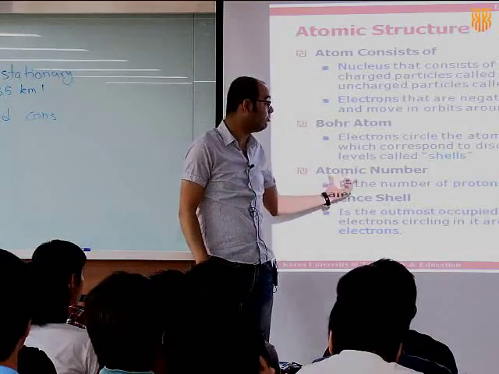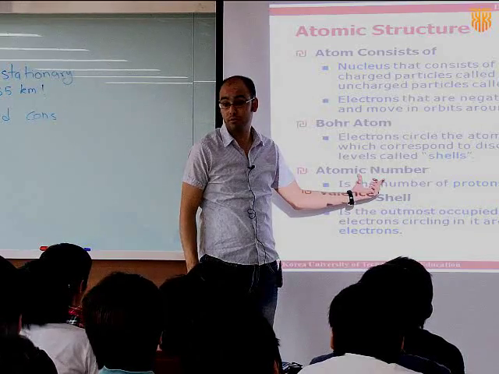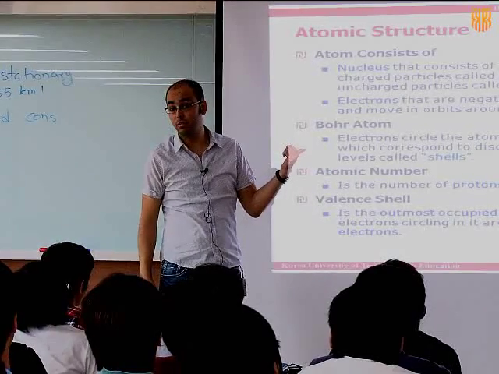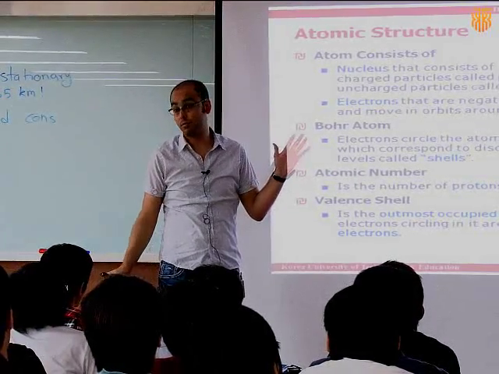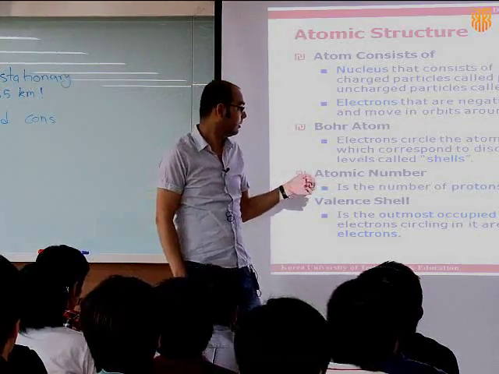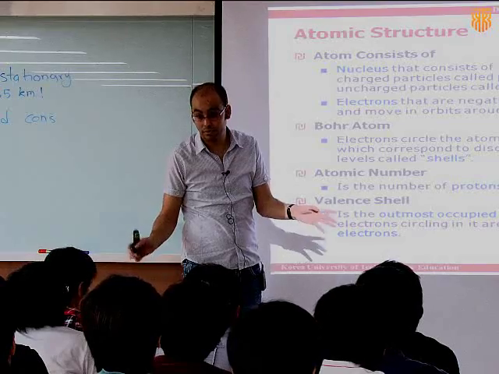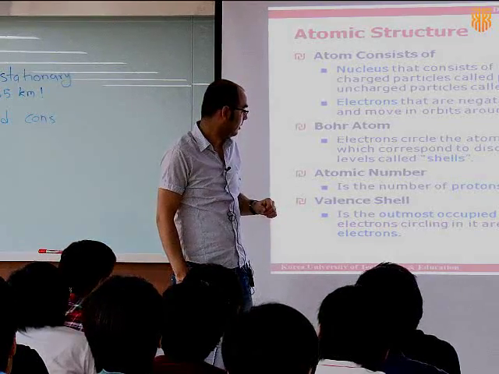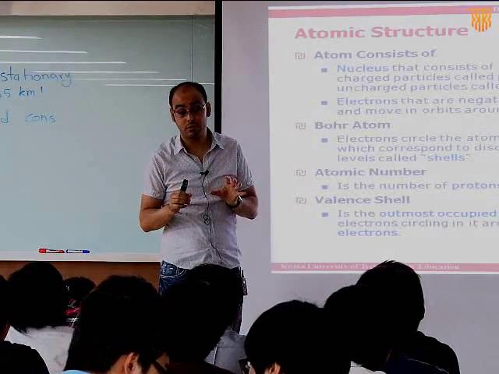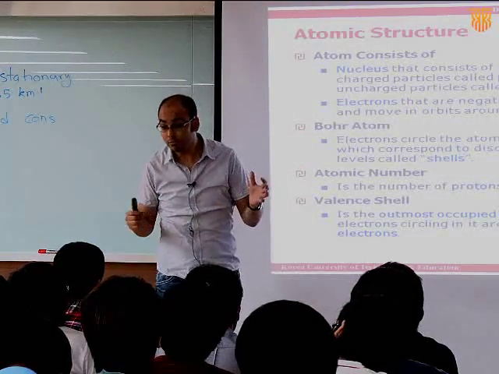So there is something we call the atomic number. The atomic number is the number of protons. The number of protons is fixed, you cannot modify that, at least in our semiconductor applications. But electrons, can we modify the number of electrons? Yes.